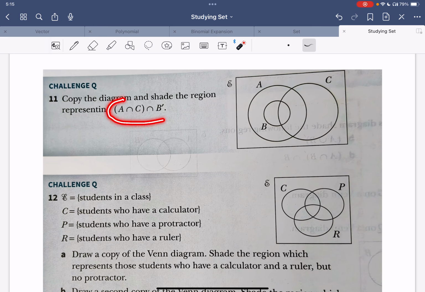So the result is that we remove this small part out of the original result. So the final thing is this one here, because we cannot include anything that belongs to the set B.